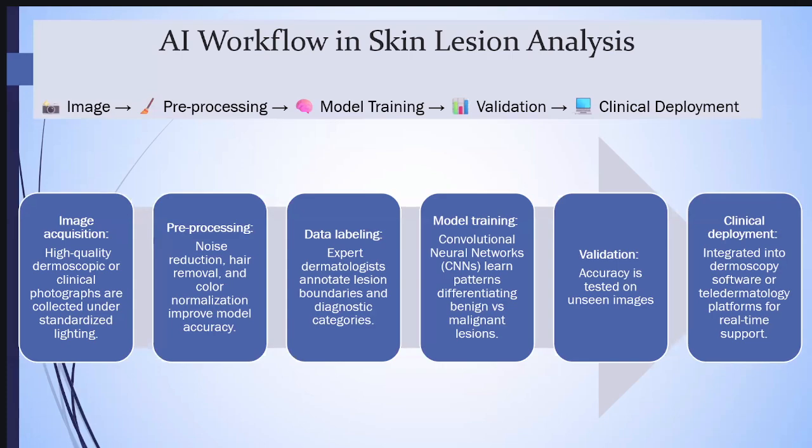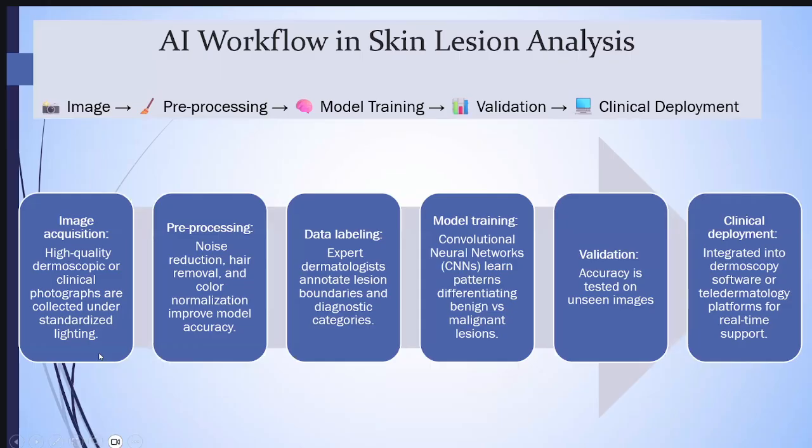So we have to have image acquisition. See, whatever images I have, there is no common or national library where you have all these images stored. So image acquisition is very important. High quality dermoscopic and clinical photographs should be collected under standardized lighting.